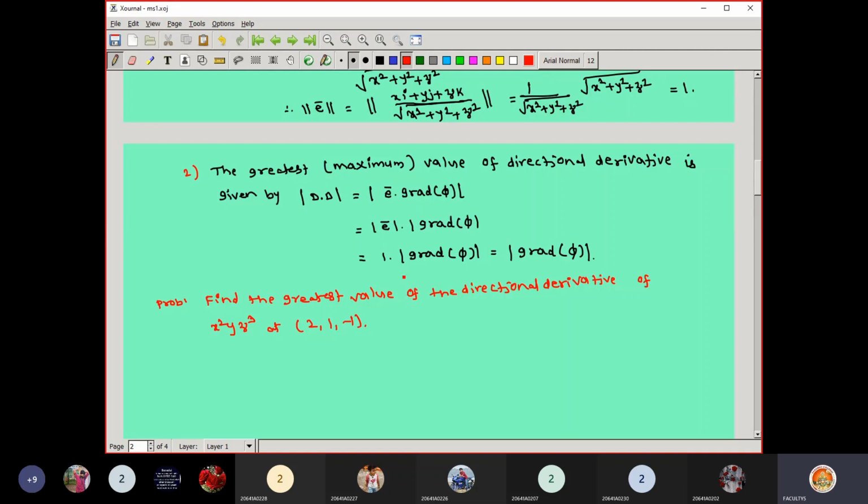So they are asking to calculate the greatest value. They are not asking only for the directional derivative, but the greatest value of the directional derivative.